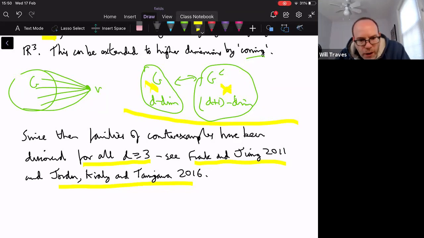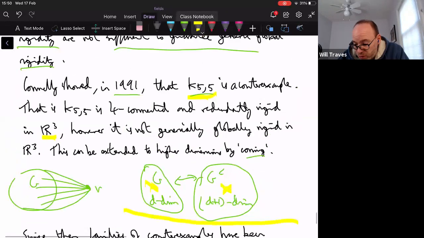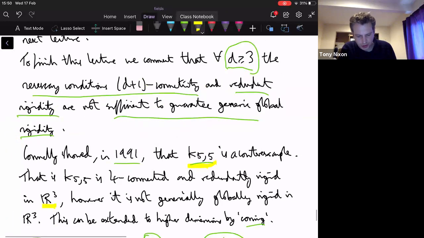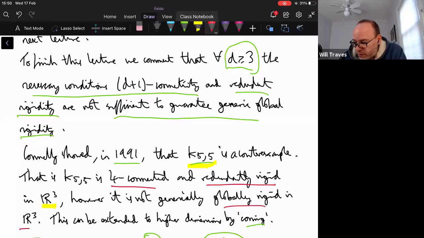Tony, just one thing I want to clarify. We talked about counterexamples here. K55 is a counterexample. Exactly what is it a counterexample to? So K55 is a four-connected graph, which is redundantly rigid, but it's not globally rigid in 3D.